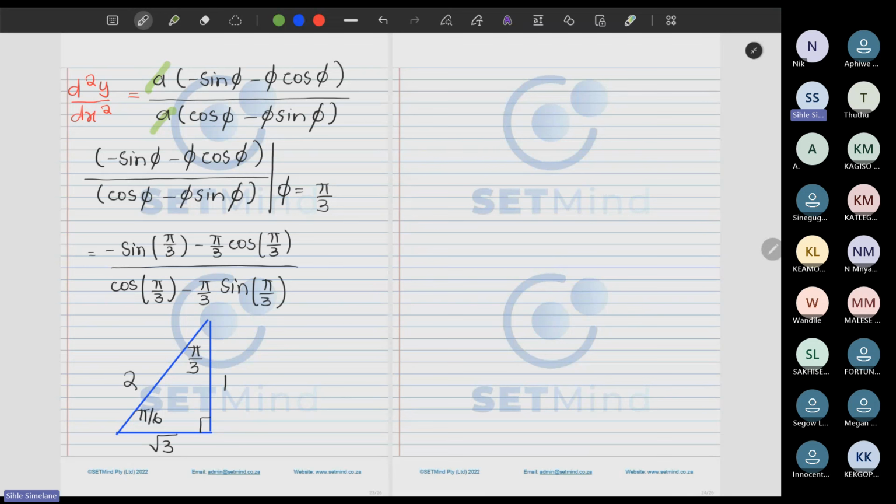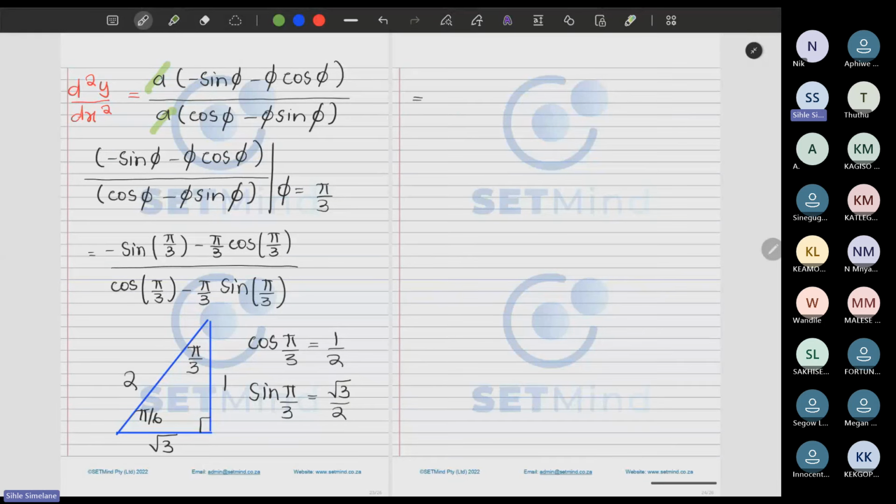I think that's okay. So we only need cos of pi over 3, which is going to be 1 over 2. 1, 2, square root 3, that's the biggest side. And then we need sine of pi over 3, which is going to be square root 3 over 2. Yeah, okay.